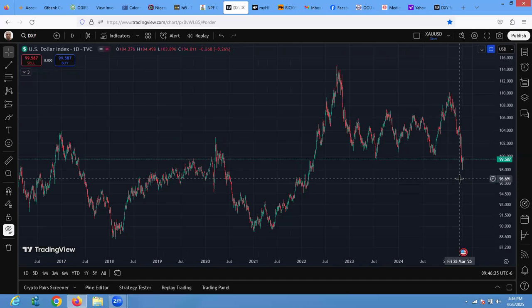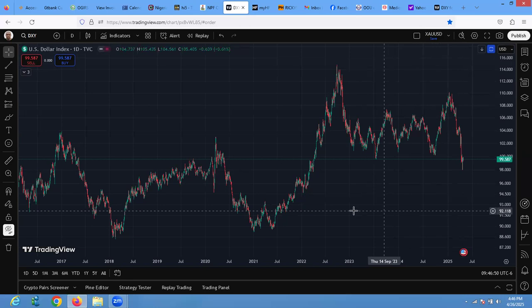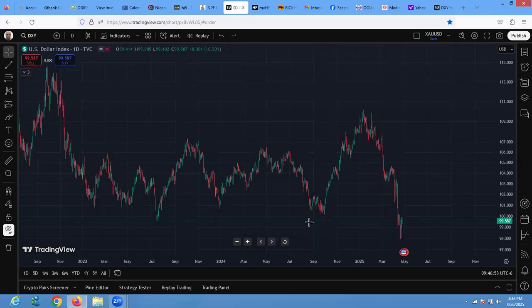Thereafter, we'll see if we have completed this, if it's going to be a C, it's a character of a C, and it can be the beginning of an impulse of a 1, 2, 3. But at least we'll get to a 100. In its travel as a wave C, at least, which is the minimum to the downside, is this wave completed?